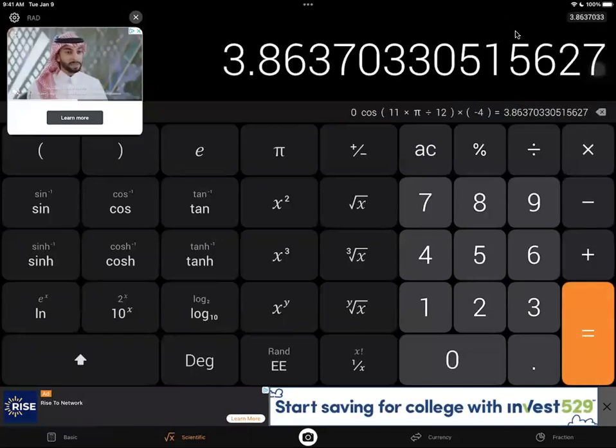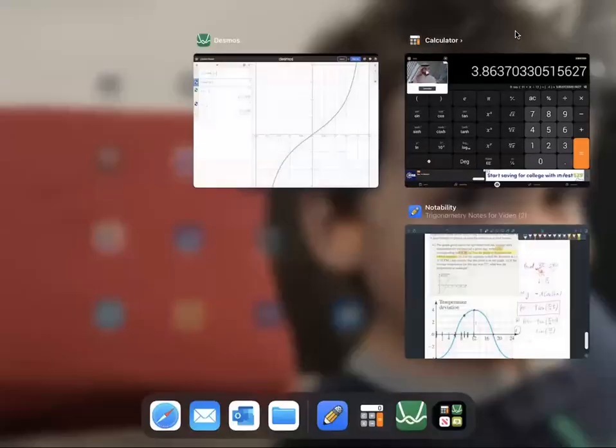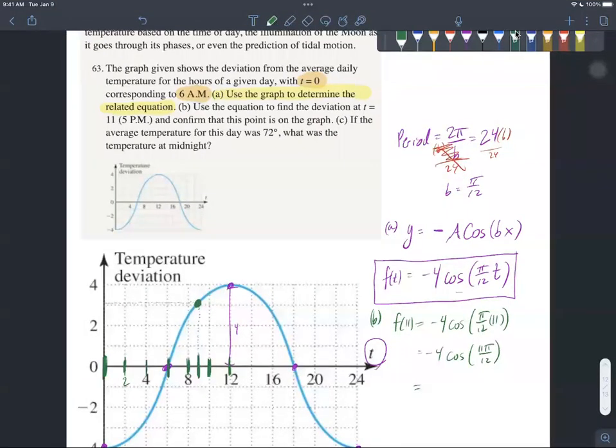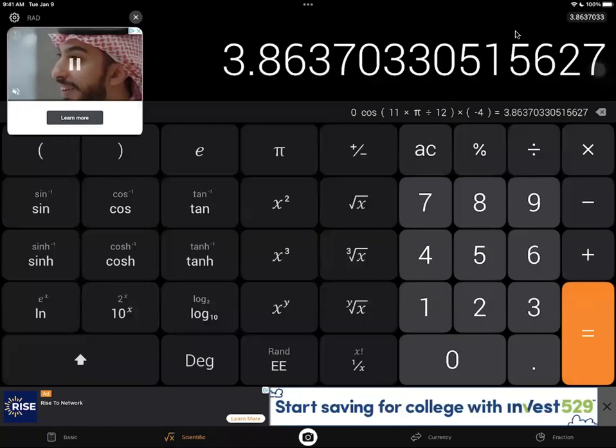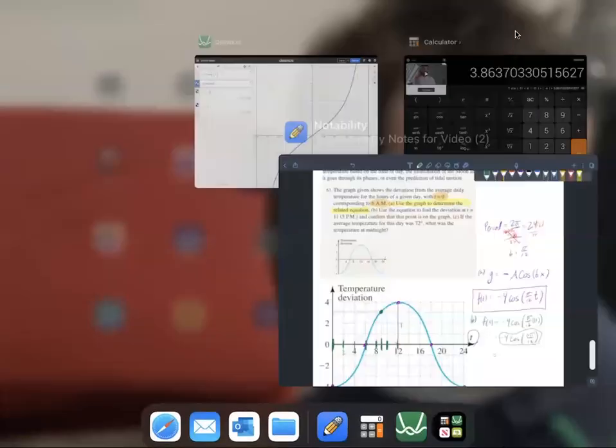Yeah, so when I multiply that cosine value by -4, what do we get here? 3.8637.